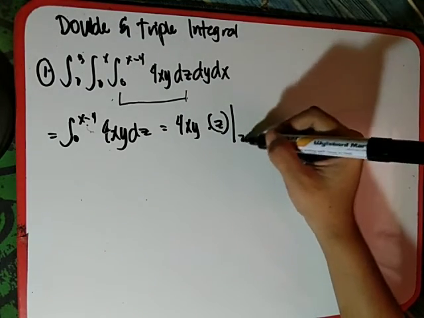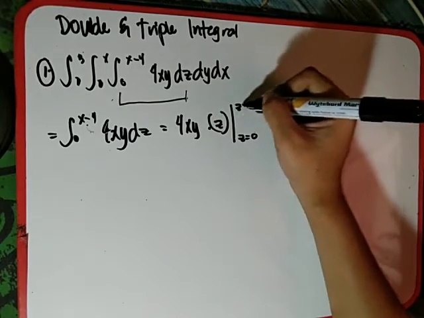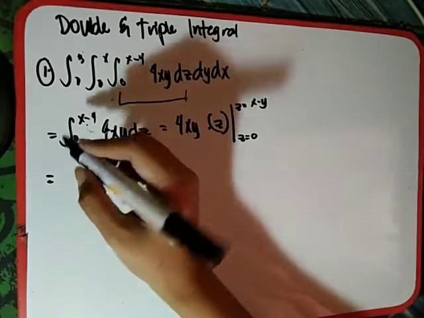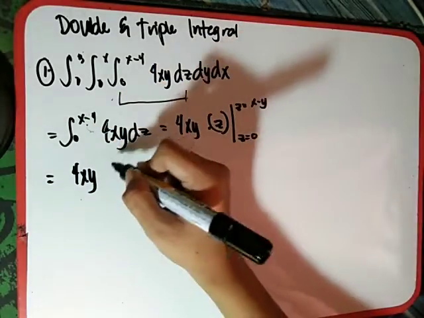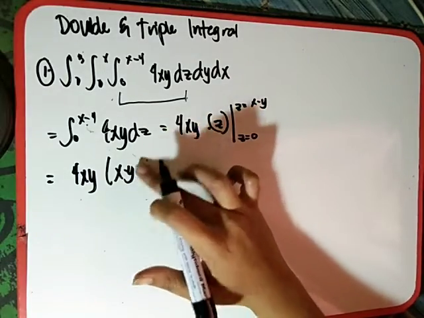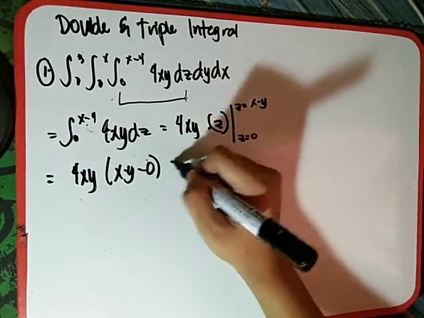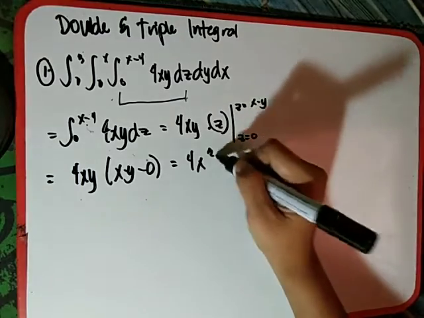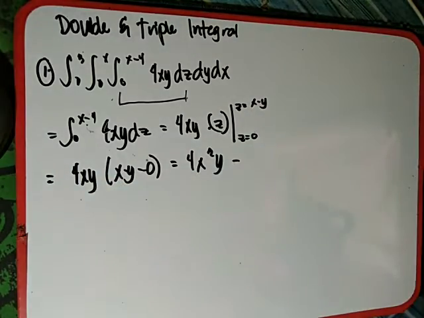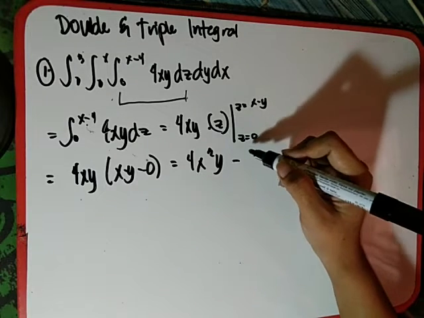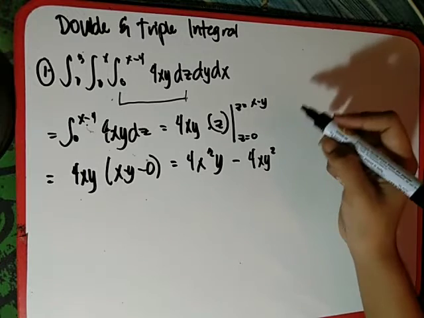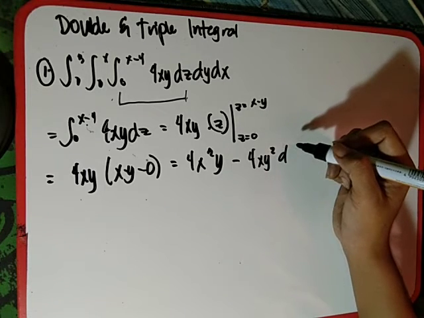So we will make z at 0 to x minus y. So we have 4xy times x minus y, minus 0, is equal to 4x squared y minus 4xy squared dy dx.